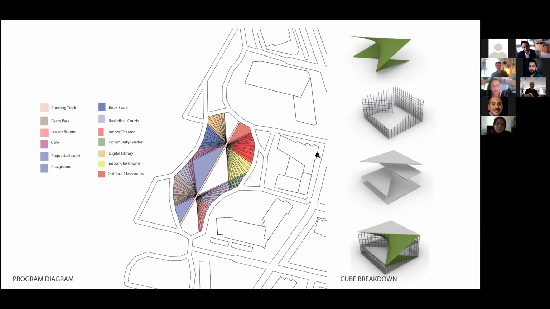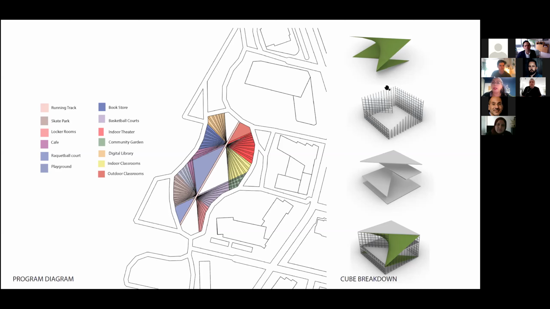So I took the elevations of my cube and flattened it to create the site plan and used that to make a diagram of how I was going to organize the program. I divided it into two different types of programs, the physically active and then the intellectually active, with the cafe and a community garden bridging the two.